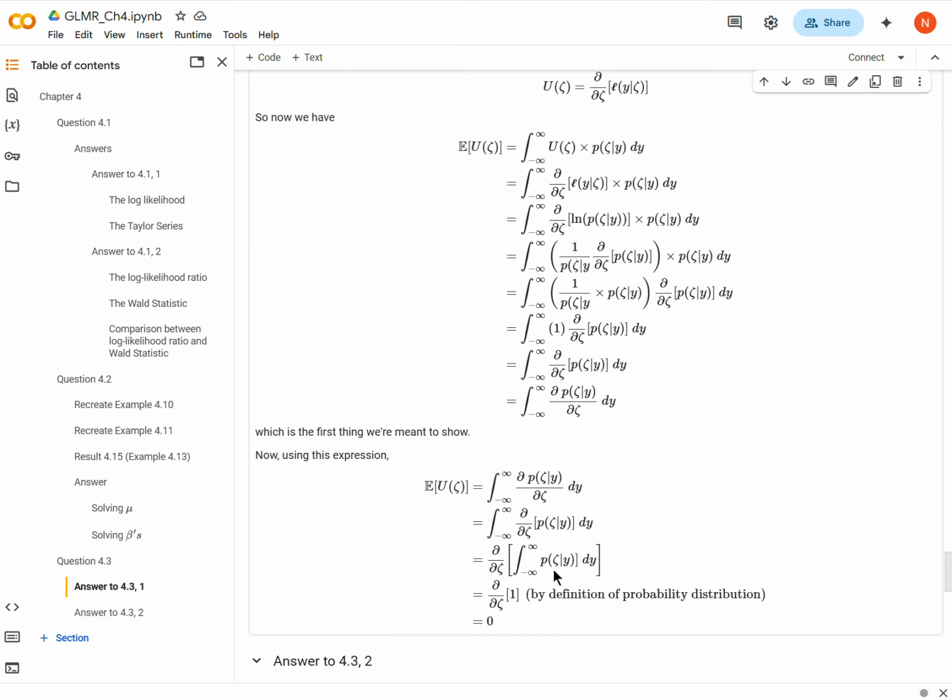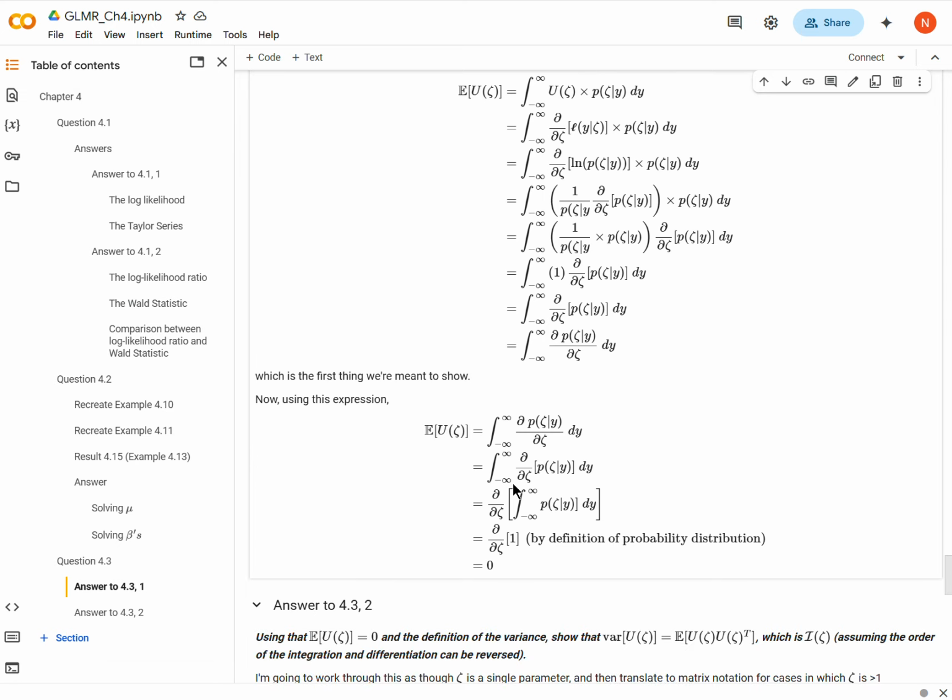I take the derivative outside the integral, and now I have the probability distribution from negative infinity to infinity, and by definition, a probability distribution has an integral of 1. So I have the derivative of 1, and that equals 0. So now we've shown that the expected value of the score function is 0, which is what we were meant to show.